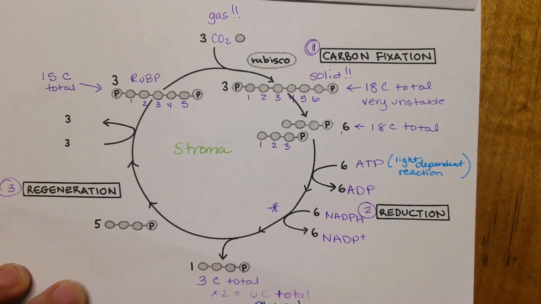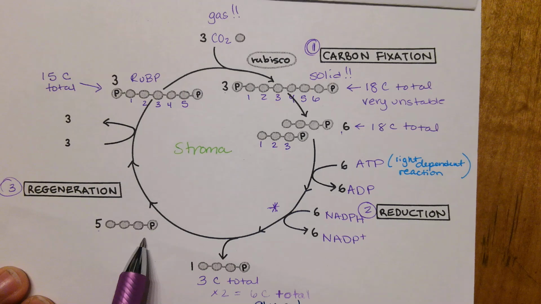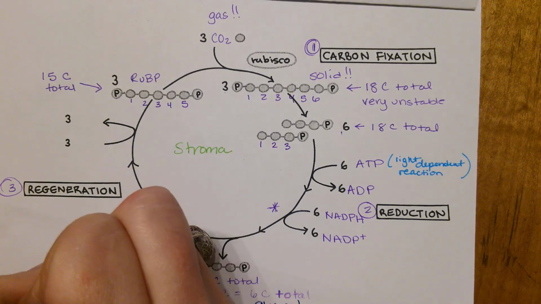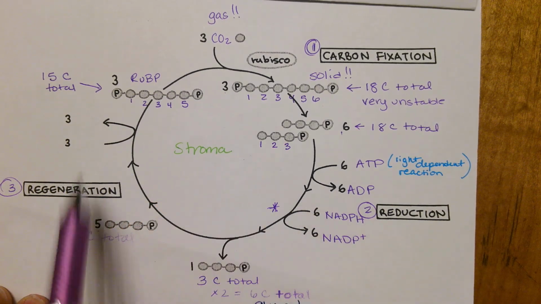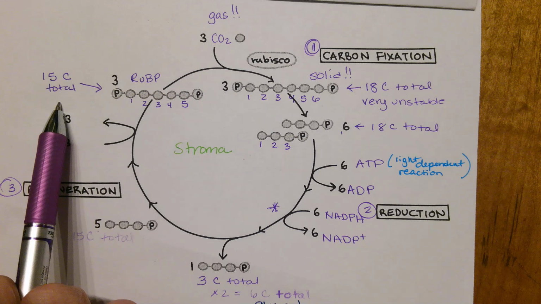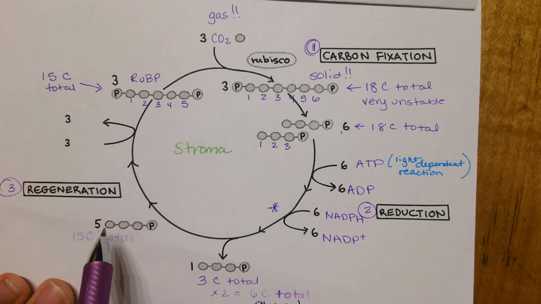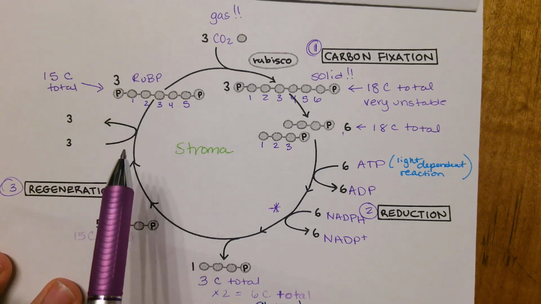Okay, so we have our 5 molecules of 1, 2, 3. We've released 3, so this is 15 carbons total. We know that we are going to end up with 15 carbons total here, so we just need to get them, instead of being in 5 groups of 3, we want 3 groups of 5.